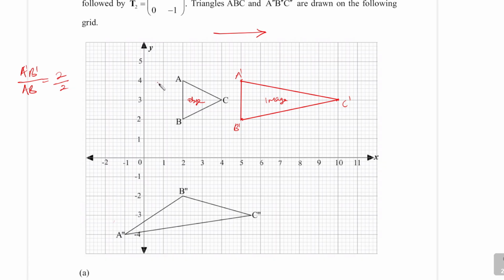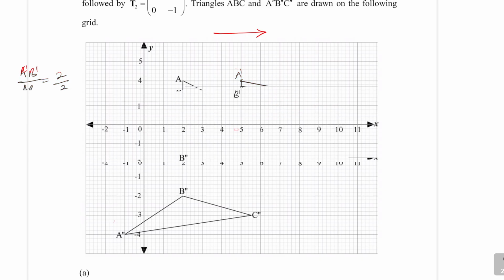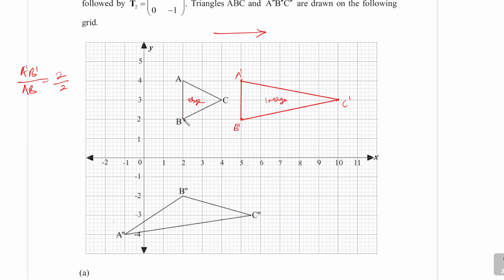So we can say that this type of stretch is that type whereby the points are moving parallel to the x-axis with the y-axis invariant, meaning that all the y coordinates remain the same. So that is the first proof that this one is a stretch.